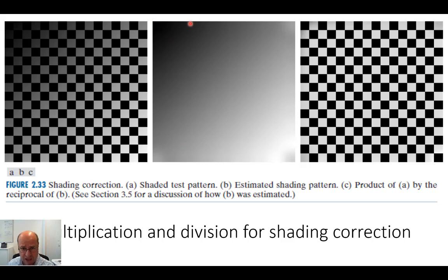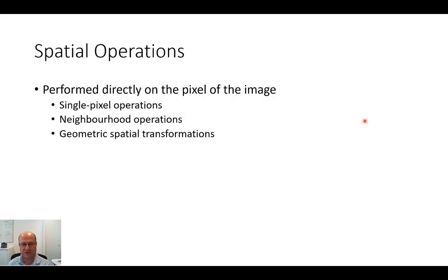I subtract every pixel in this image by 1, and then this here will be white and this will be black. And I do a product of this with that. What we're doing with the product is the product with the reciprocal of this image, so I'm cancelling this effect. Okay, getting a much better image on the other side.